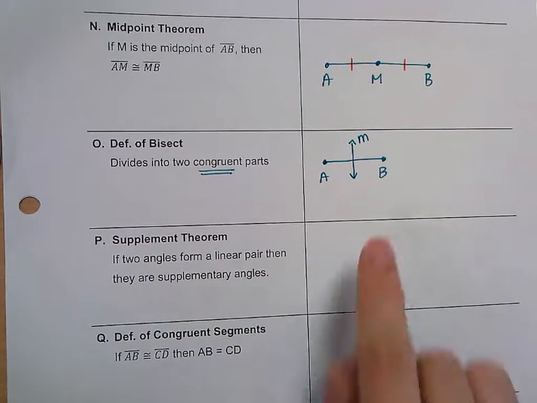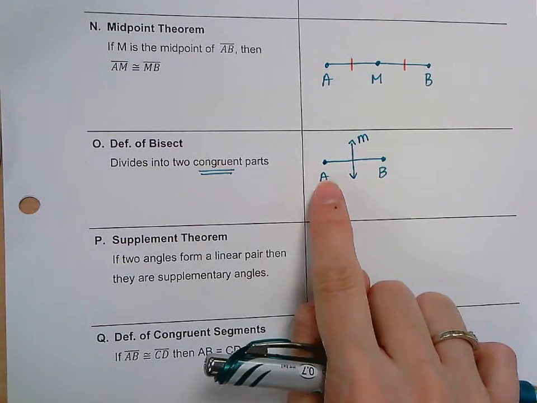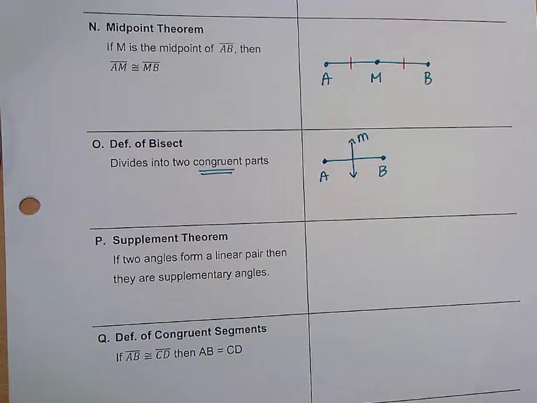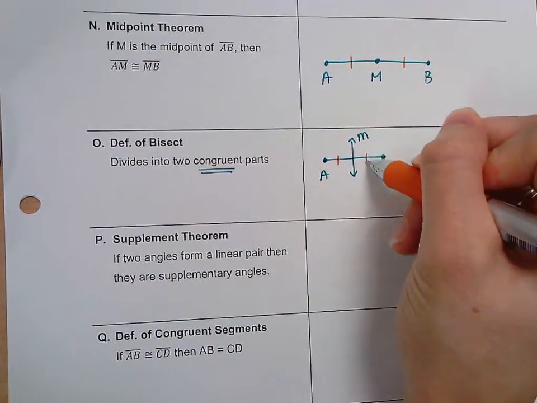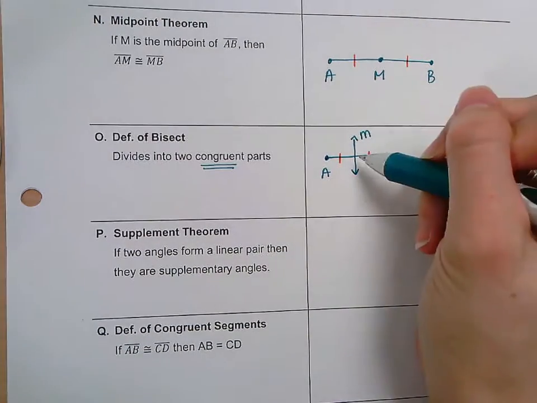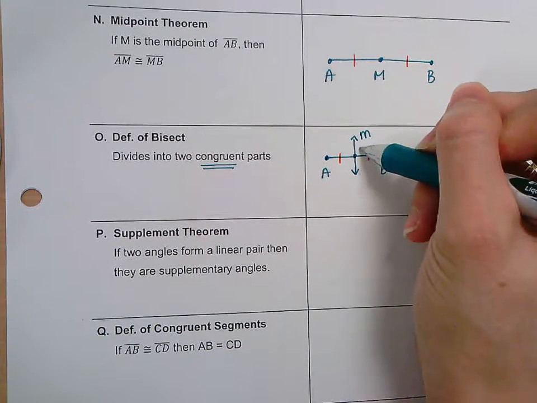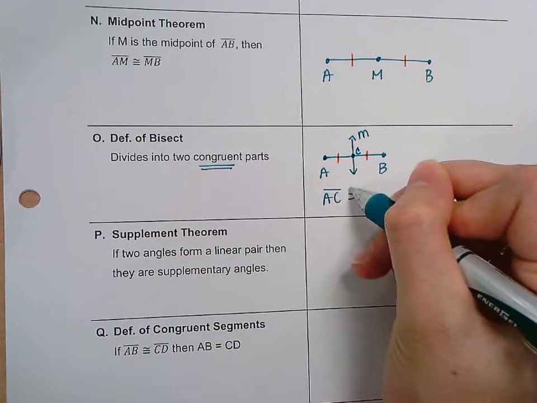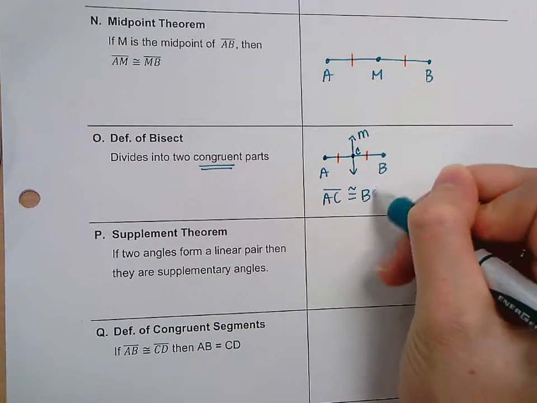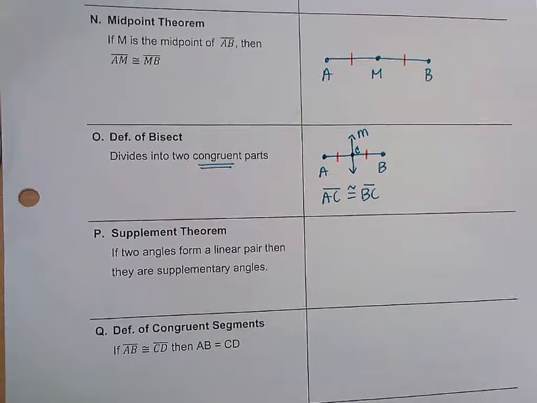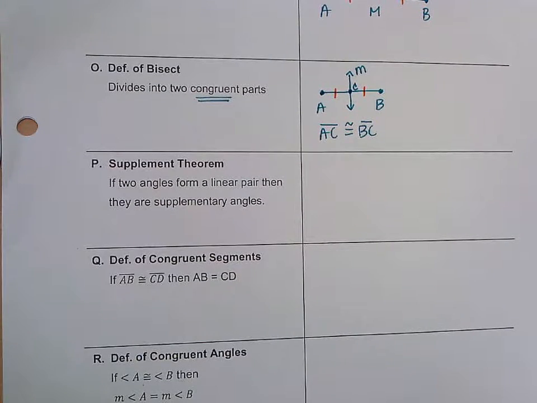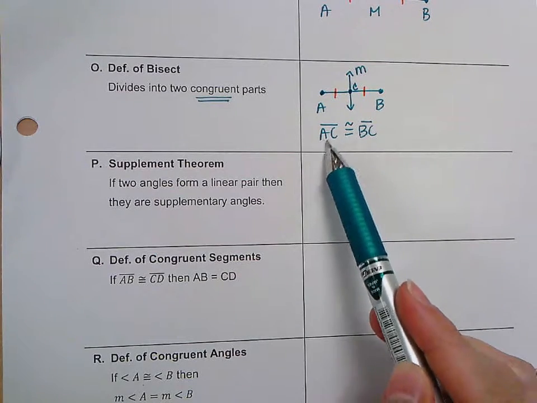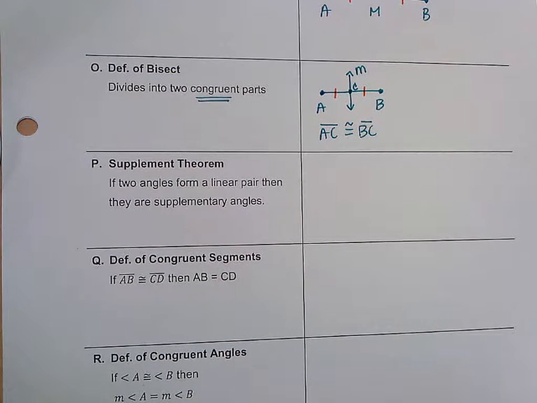If I'm told that that line bisects segment AB, my conclusion then is these are the same. I should probably put a point here. I'll put point C here. Then I know that segment AC would be congruent to segment BC. So if I was told line m was bisecting segment AB, my conclusion is segment AC is congruent to segment BC.